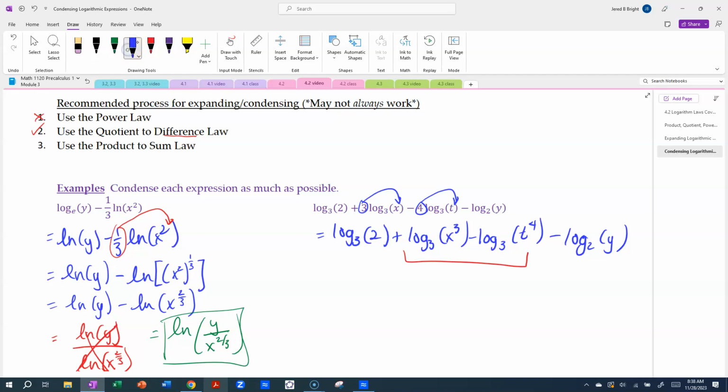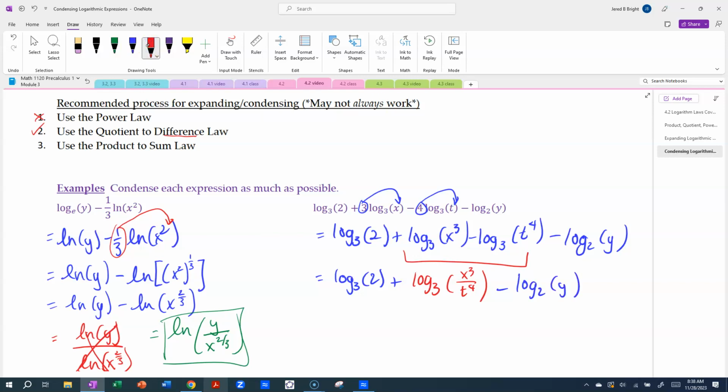So I'm going to first rewrite this first one, log base 3 of 2 plus, and then combine these two, and this would be log base 3 of x to the 3rd over t to the 4th. Again, a difference outside of logs becomes a quotient inside of logs. And then I have the minus log base 2 of y.